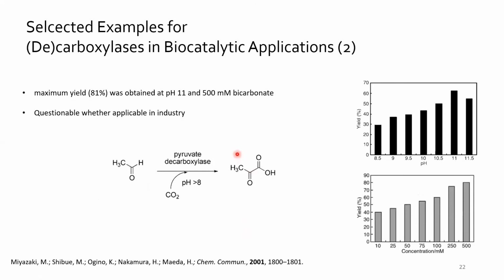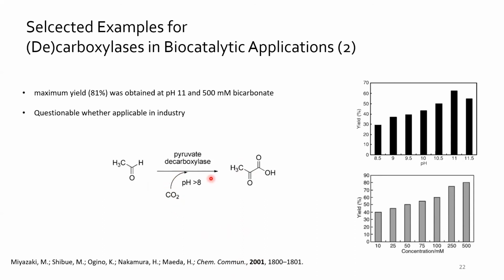One more example, because I said before that the carboxylation reaction is usually not favored. So usually we have an uphill reaction, but in 2001, this was one of the first publications where it was shown that it's doable to use the decarboxylases also for the carboxylation, which you can see here.